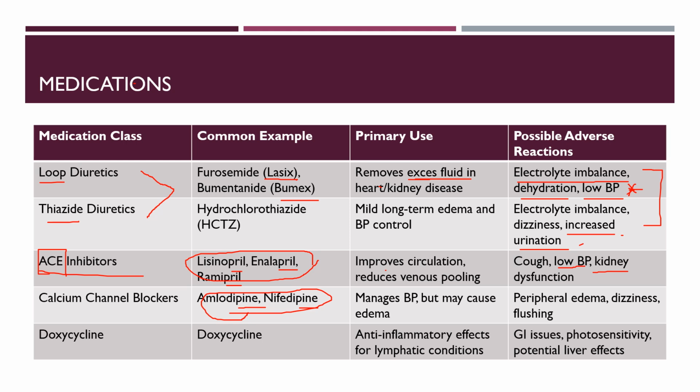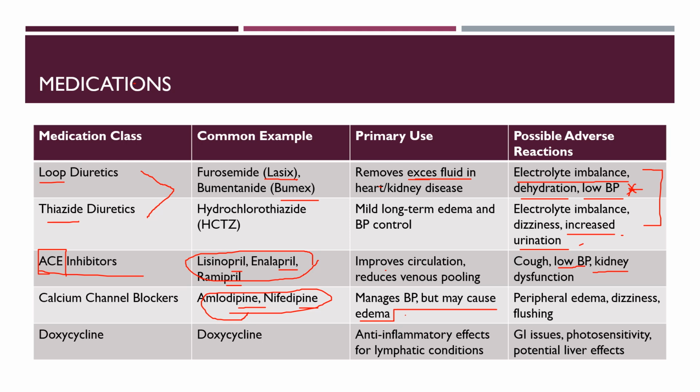So if your patient is taking calcium channel blockers to help manage their blood pressure, and they're a good candidate for compressive wrapping, we just need to know that this component may be playing into their edema. So possible adverse reactions include peripheral edema, dizziness, and flushing.